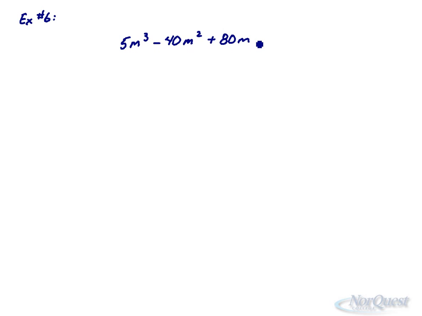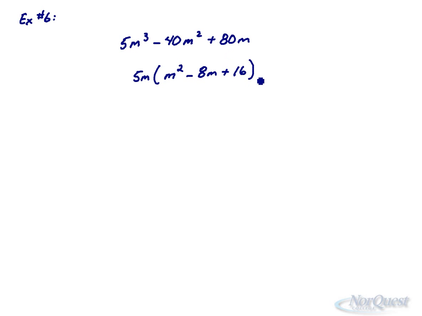I have a 5 that's common to every single term, and I can remove an m. So first of all, I'm going to pull out 5m. 5m cubed divided by 5m leaves me with m squared. Negative 40m squared divided by 5m gives me minus 8m. And 80m divided by 5m should be plus 16.